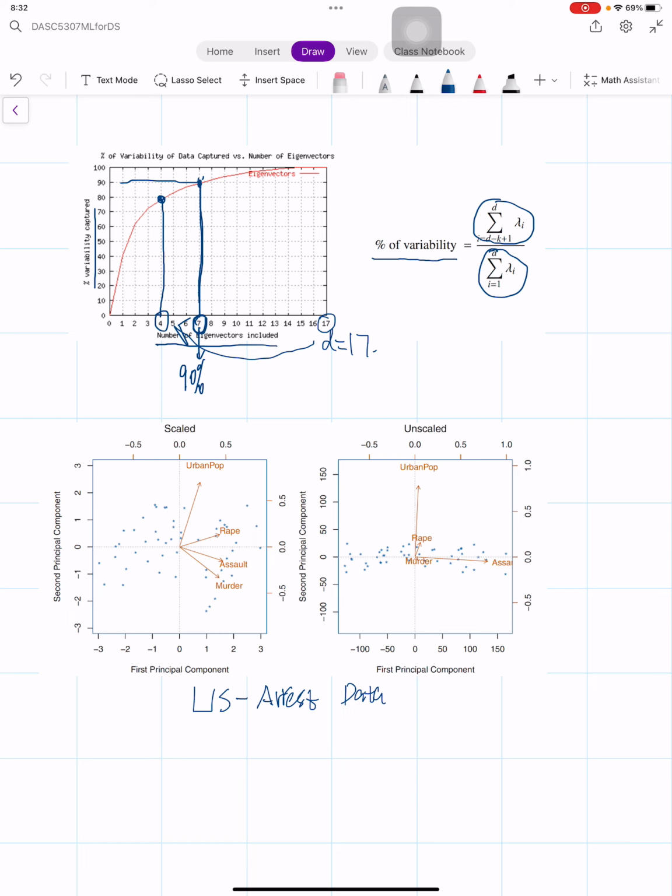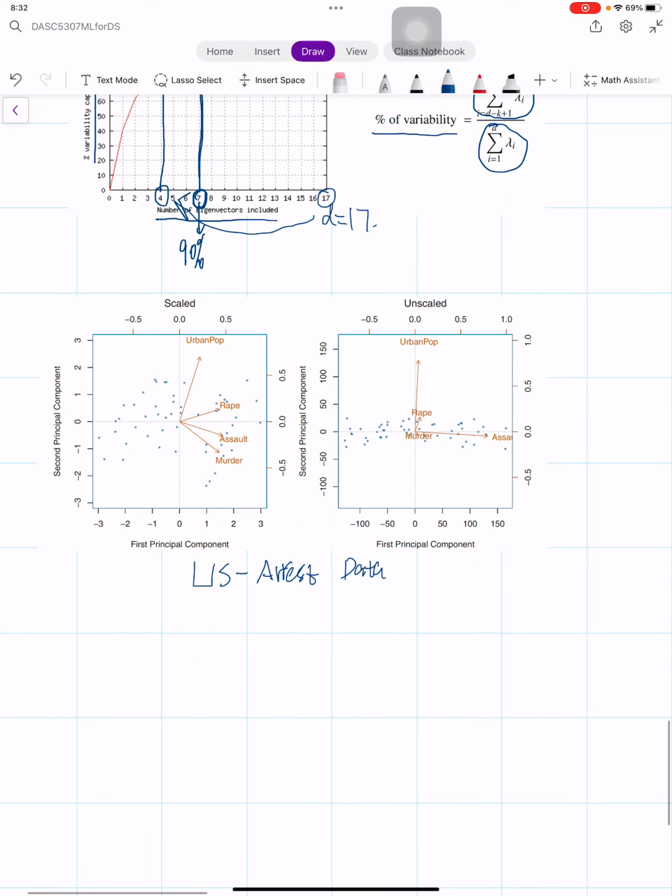In this data set, we have the criminal record for each of the 50 states, and the data set contains four variables. The first variable, x1, is the number of arrests per 100,000 people.